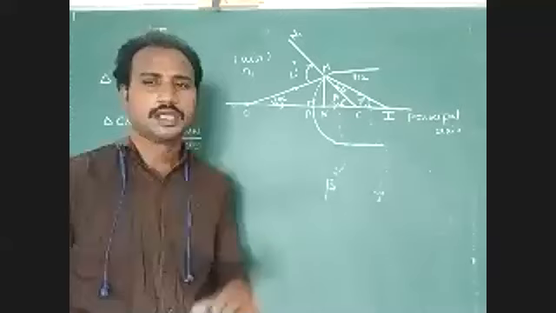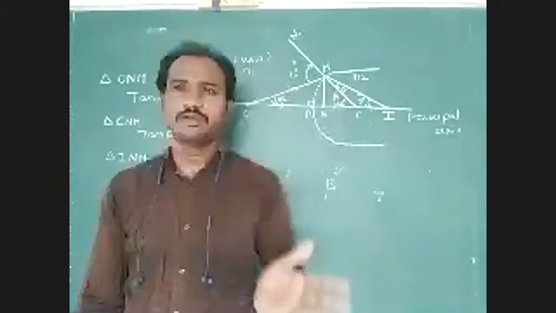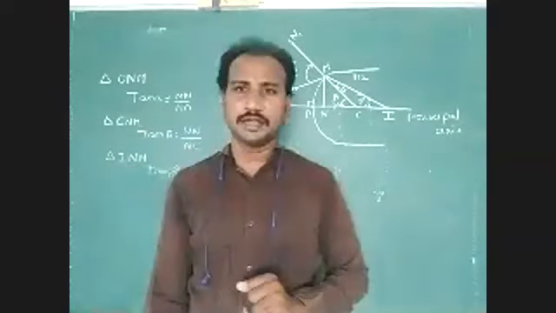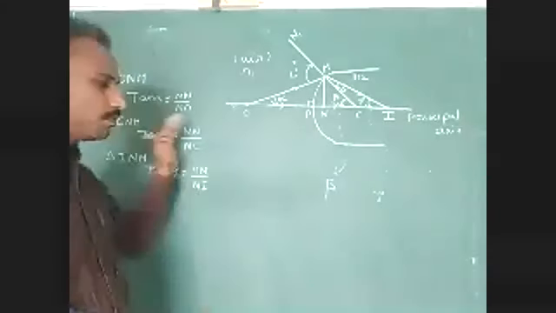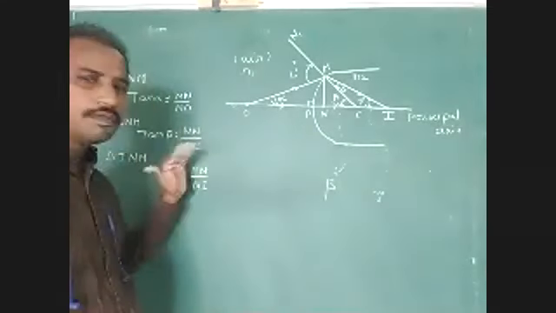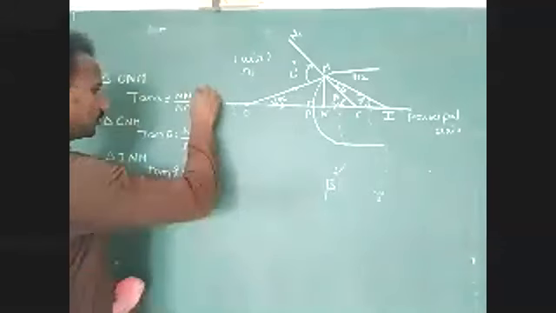For small angles, trigonometric functions are approximately equal to the angles themselves. So tan alpha is approximately alpha, tan beta is approximately beta, tan gamma is approximately gamma.